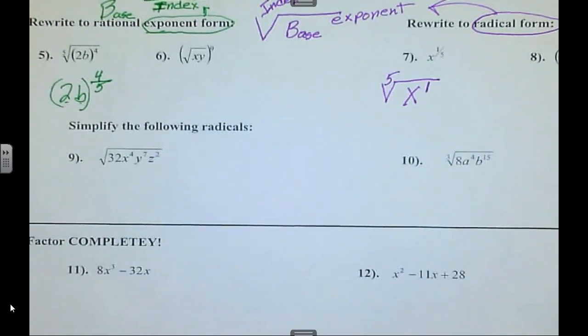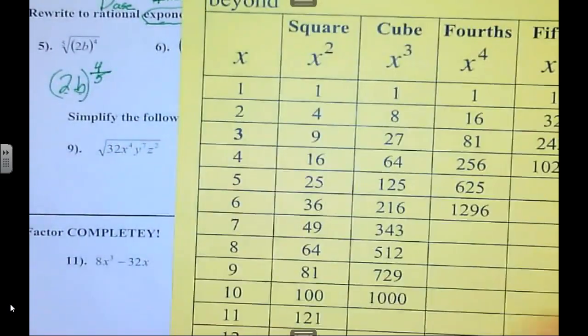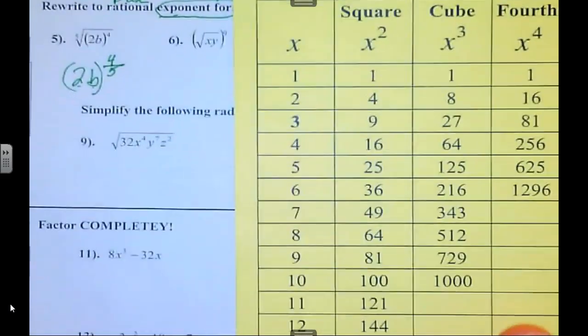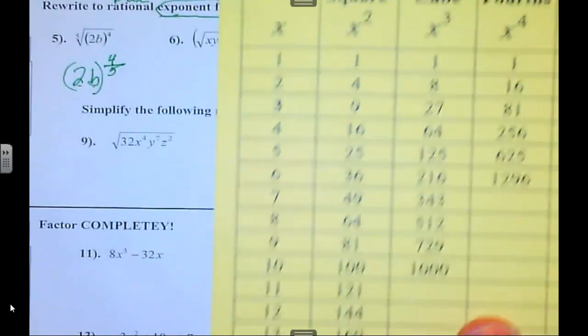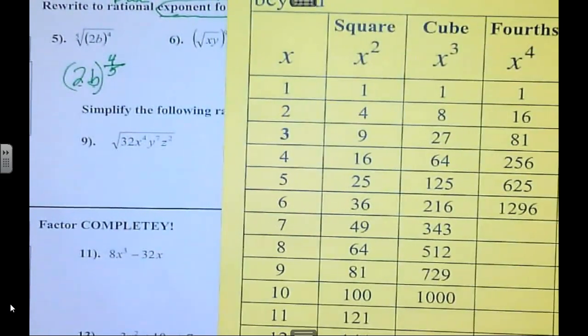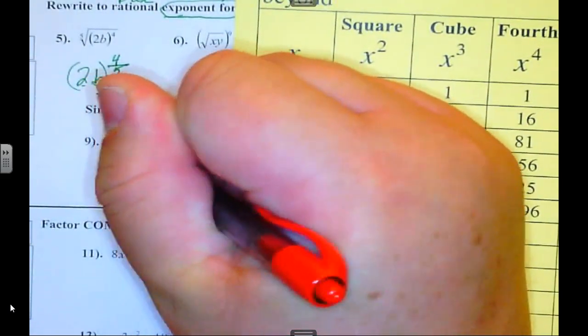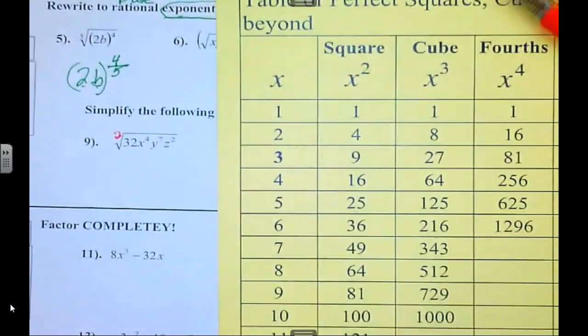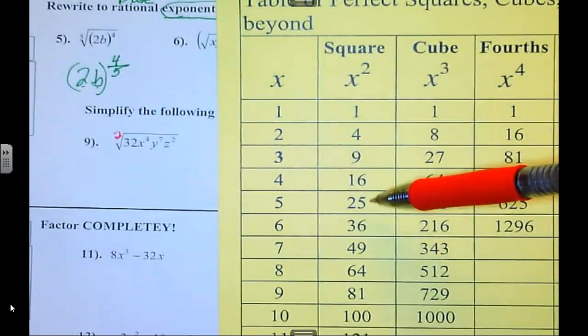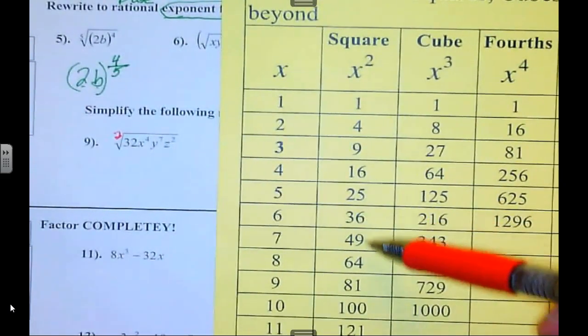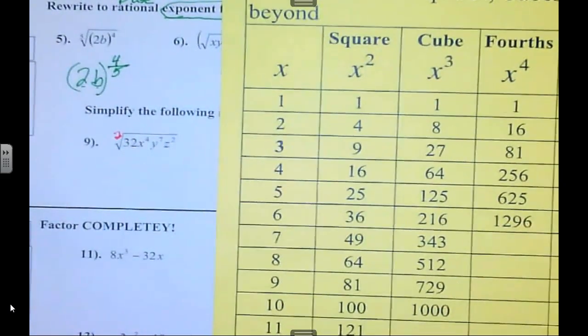Okay, this is where you're going to use your chart. Simplifying radicals. So don't forget, if there's no index here, it's a 2. So I'm looking at my squares. Unfortunately, 32 is not a perfect square.